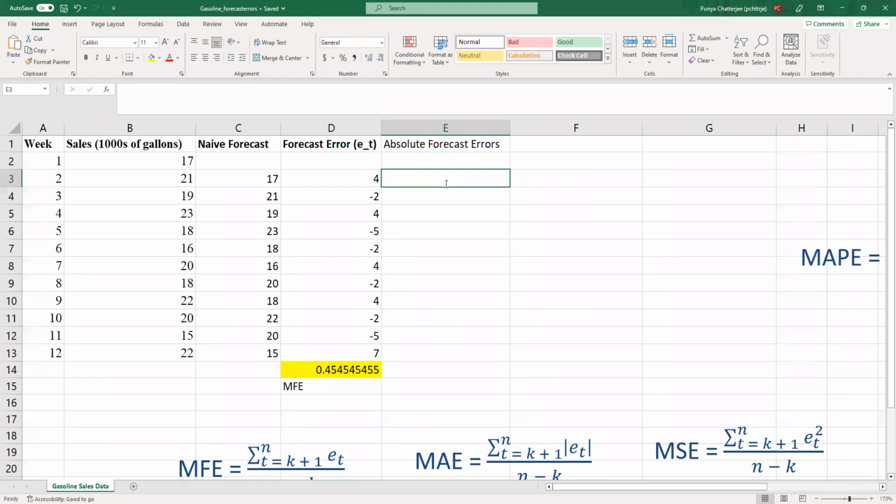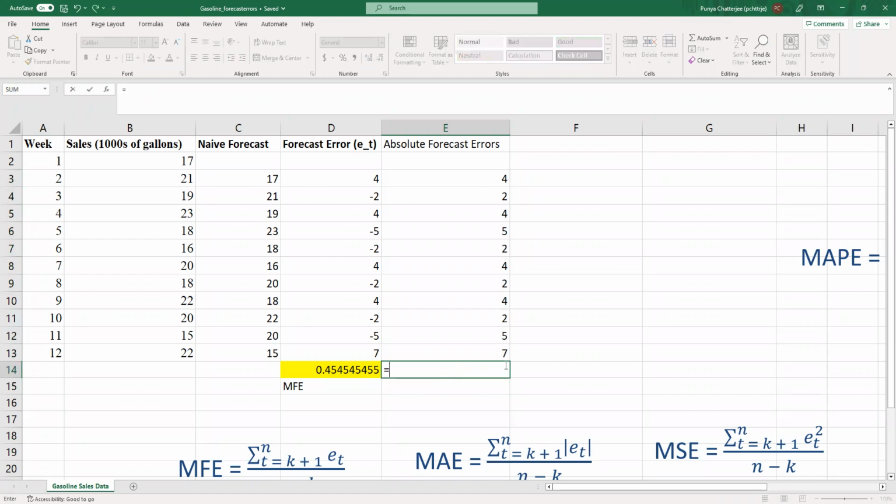Okay. So you can use a function called ABS and just take your forecast error. That's it. You can fill up your, but let's not do this. So you fill up this, and then finally you're going to do sum.